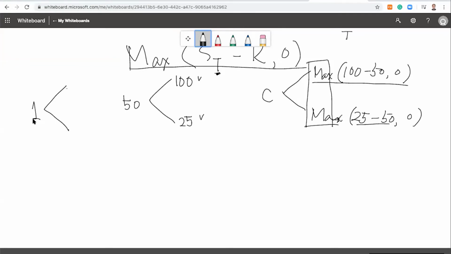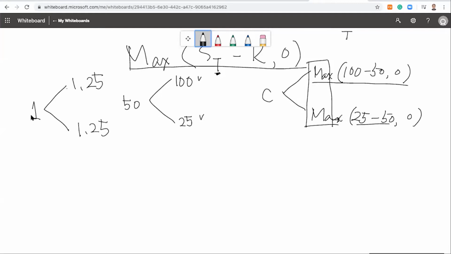So 25% is a quarter, so it's basically 1.25 here. If you put $1 in the bank, at the end of the one period, you will get 1.25, and at the end of one period in the downstate, you will get this number. And if you borrow $1 from a bank, then you have to pay back 1.25 and then 1.25.